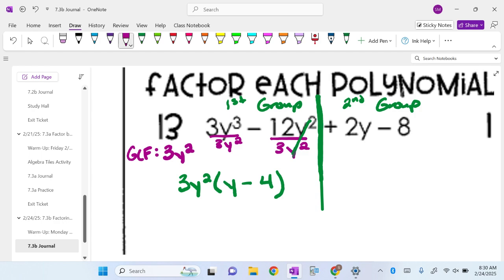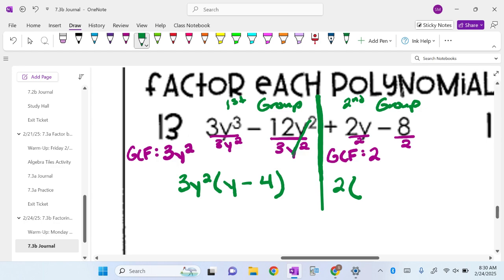Now, the GCF for the second is really obvious. What's the GCF? Not 2y, just 2. Because the 8 doesn't have a y, right? So the GCF for this one's just 2. So if I divide both these terms by 2, so 2's on the outside.